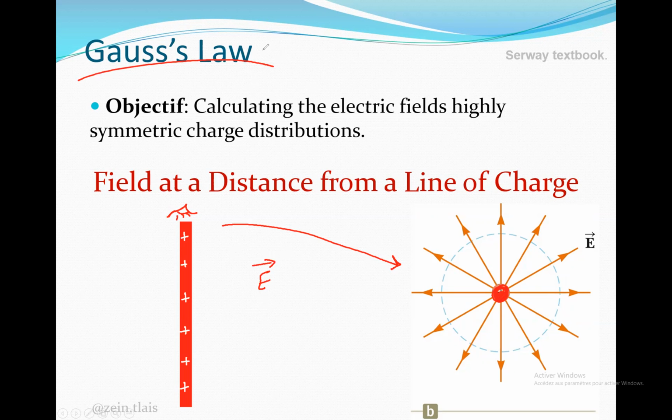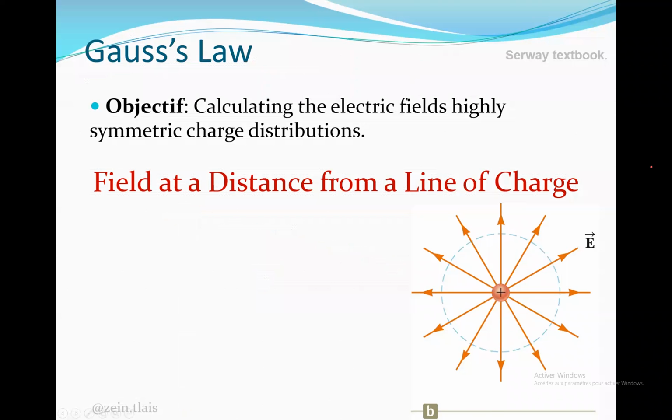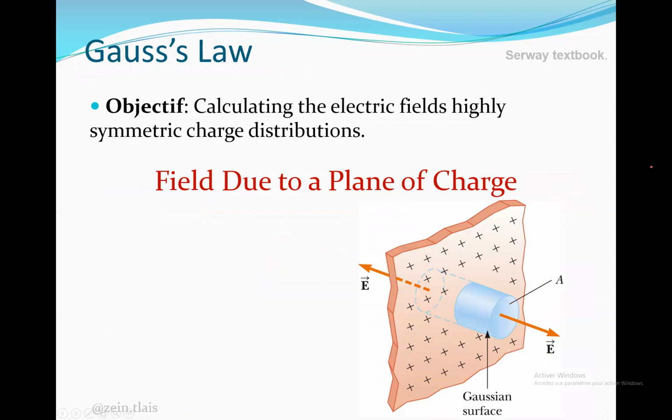I can give also another example. We can say a plane of charge. This one is a plane here. This is a plane of charge, positively charged.